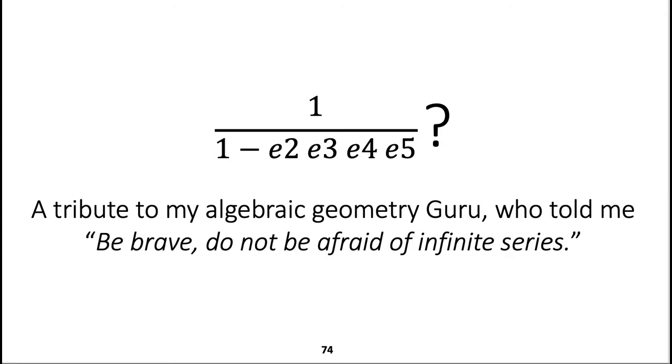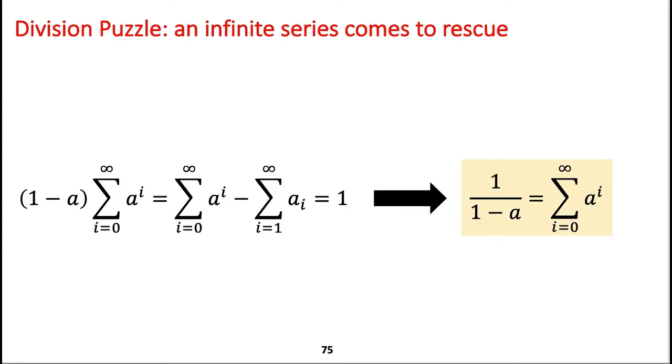The solution that I am going to present to this puzzle is a tribute to my algebraic geometry guru, Shreeram Abhyankar, who told me, "Be brave, do not be afraid of infinite series." An infinite series comes to our rescue here.